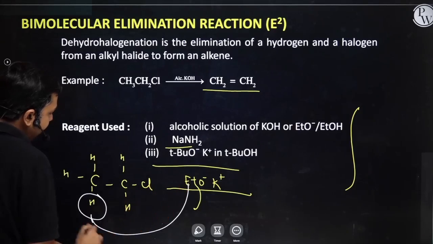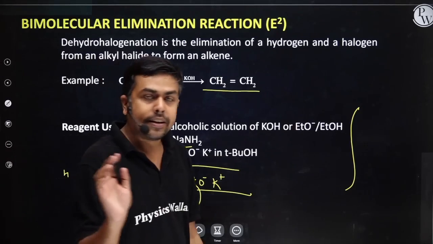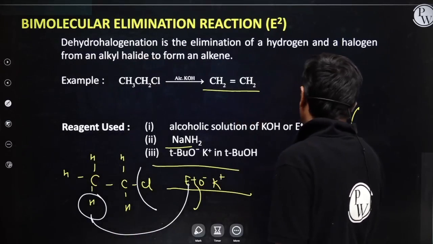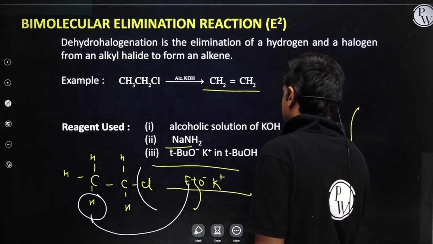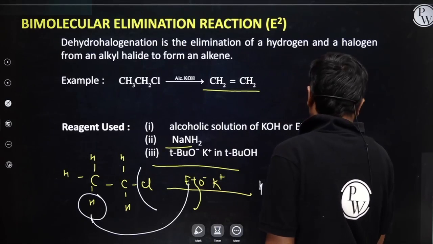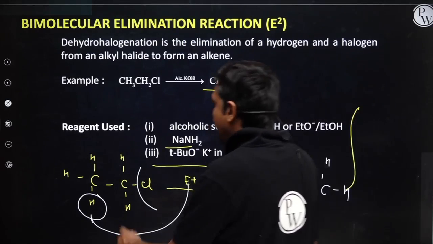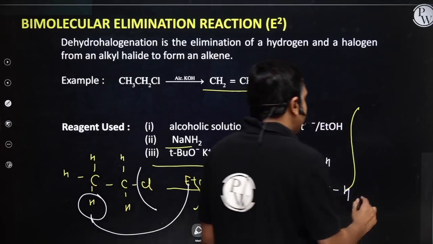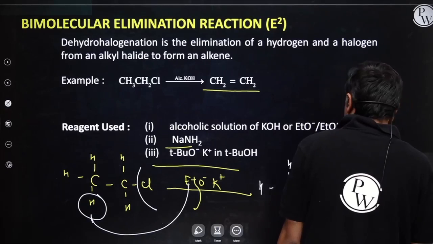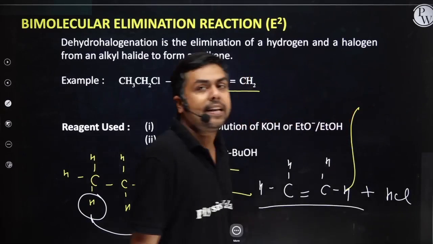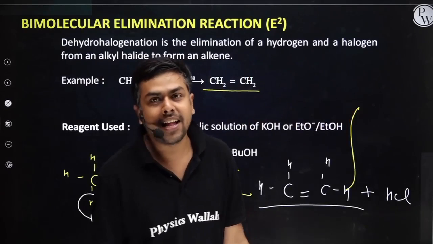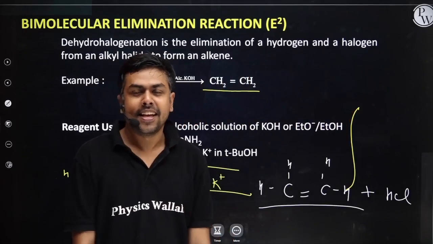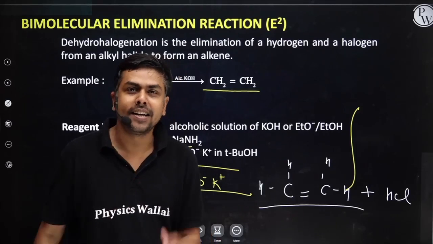Simultaneously, as soon as the base attacks this beta hydrogen, the departure of leaving group will occur, and I will have the formation of the alkene with a double bond. Removal of one hydrogen and one halogen is nothing but dehydrohalogenation. Am I clear, student? So in dehydrohalogenation of alkyl halide, we will have the formation of alkene. Is this clear? Shall we move ahead? Let's move ahead.